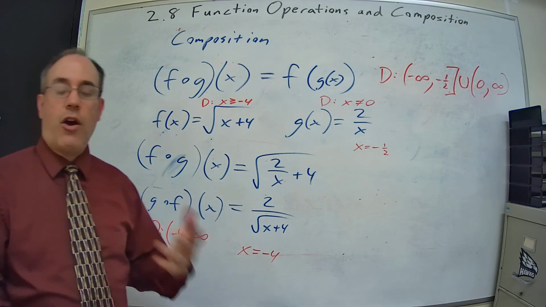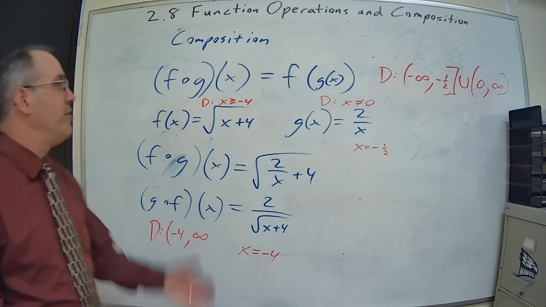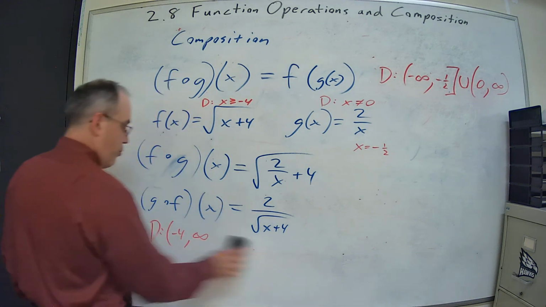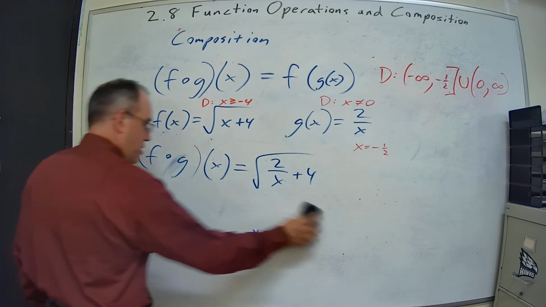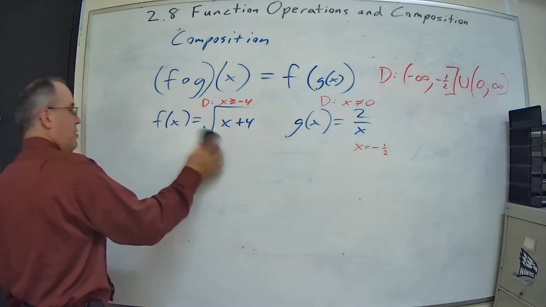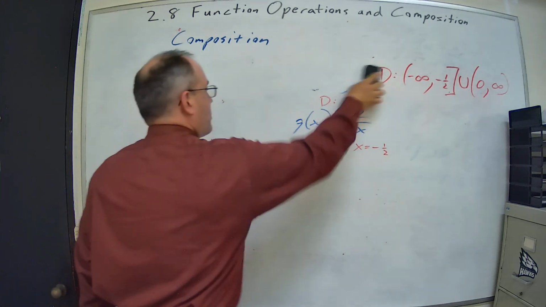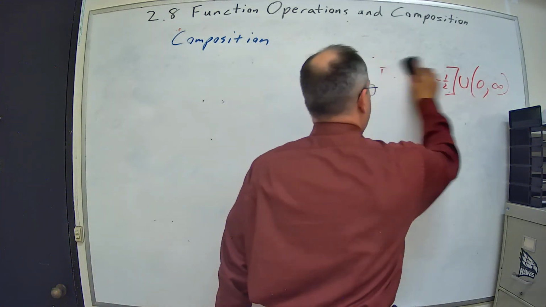So that's finding our domain of composite functions. Last thing I want to do, I just want to erase this and go into one final thing with these composite functions, is just determining the functions that could create a certain composite function.